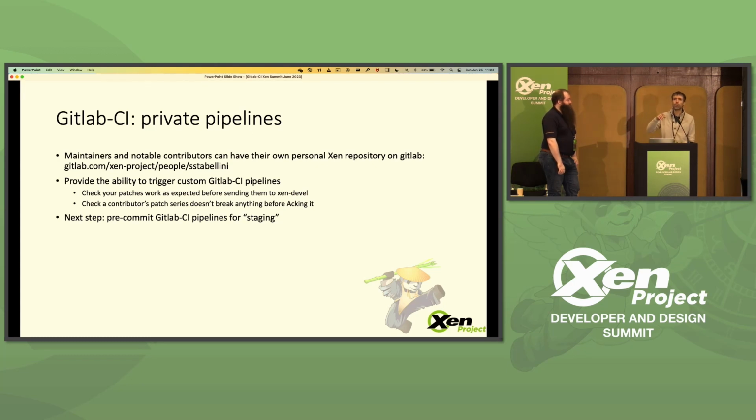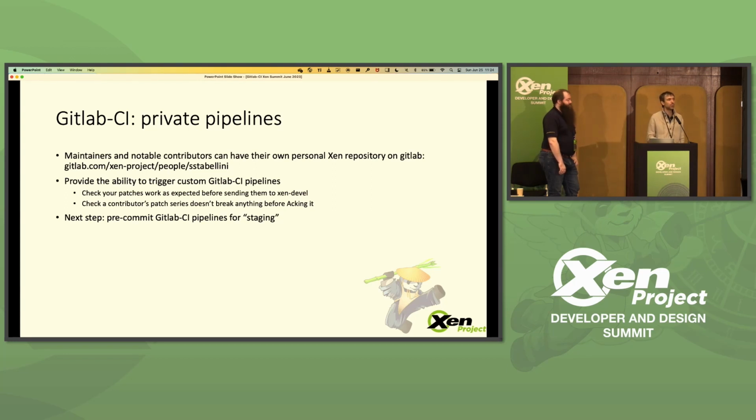So gitlab.com/xen-project/people/sstabellini or Andrew Cooper or Bertrand and so on. As soon as you push to any of those trees, a GitLab pipeline is triggered and you see the result. So literally to have your own private pipeline, you just need to do one git push and that's it.